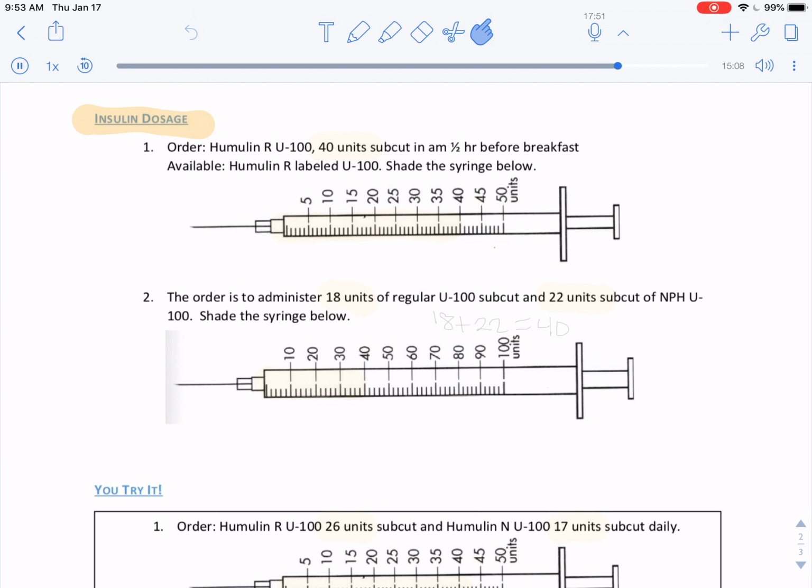Now we have to simply shade the syringe below. Doing so, we have 40 units subcut from the Humulin U100. So we just need to fill it up all the way to 40 right over here.